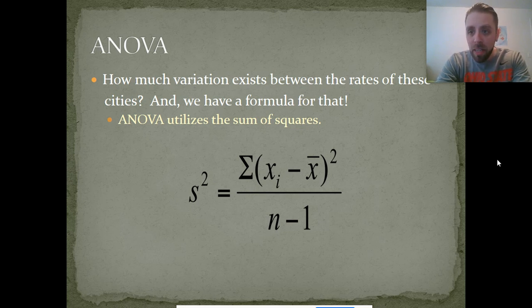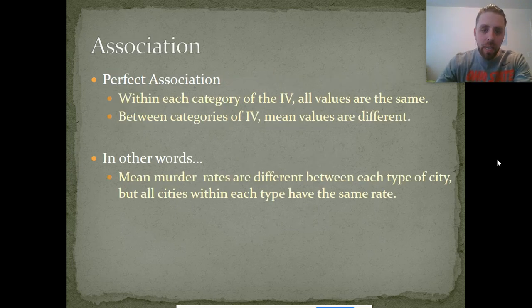We took each observation of xi, subtracted from it the mean, squared it to get rid of the negatives, and divided by n minus 1, the sample size reduced by 1 in order to inflate the variance. And so what that's doing is it's giving you a sense of how much sum of squared variation there was from the mean, or from between the mean and any one observation within the data set. That is essentially what we're going to be doing here, okay?